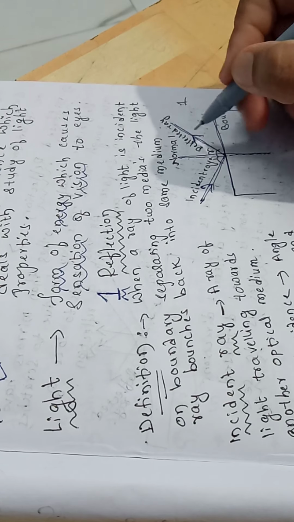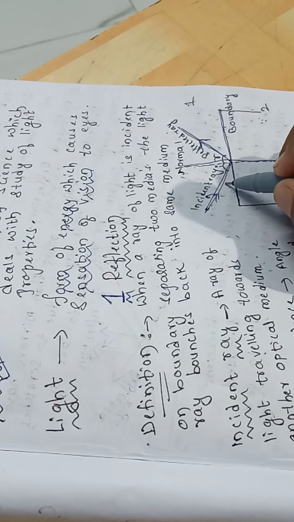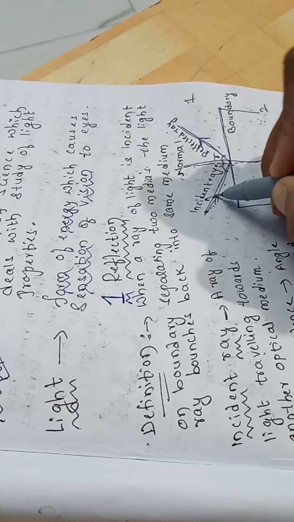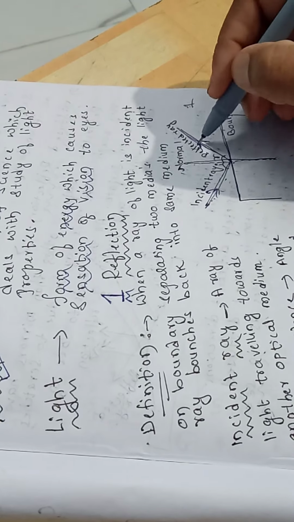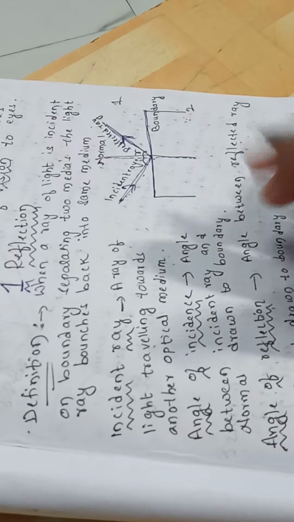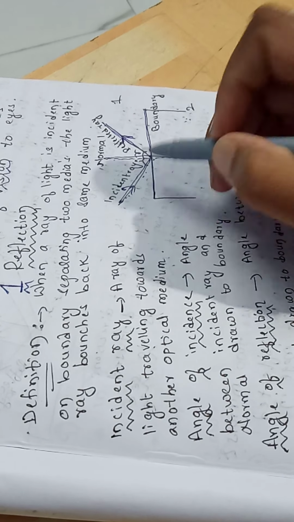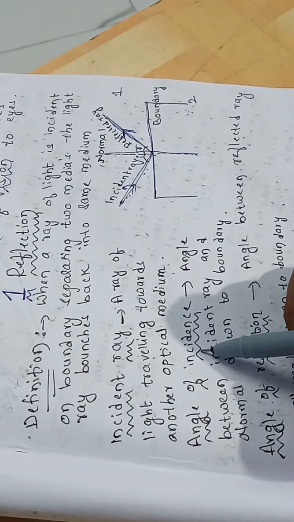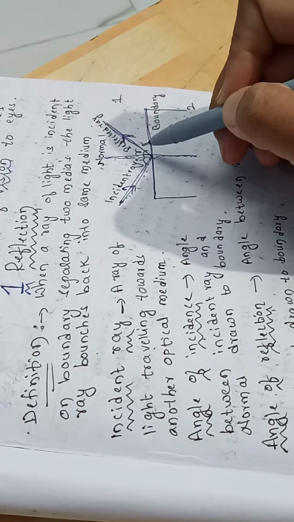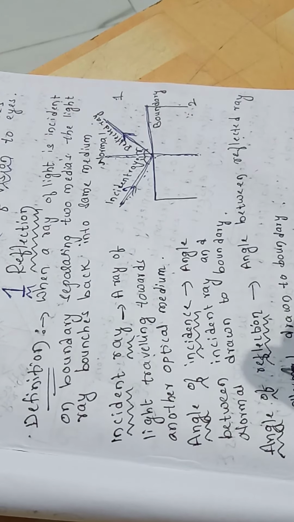So this we call it as reflection. Now this ray which has incident on the boundary, we call it as incident ray, and this ray we call it as reflected ray. Now next, the angle between normal and incident ray, we call it as angle of incidence. Angle between normal and reflecting ray, we call it as angle of reflection.